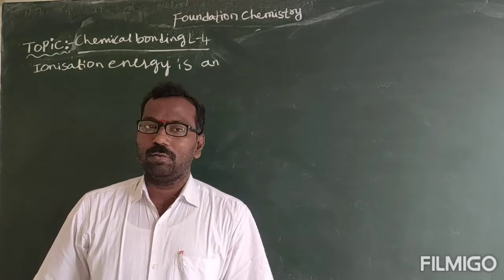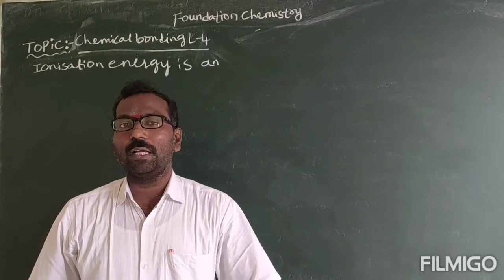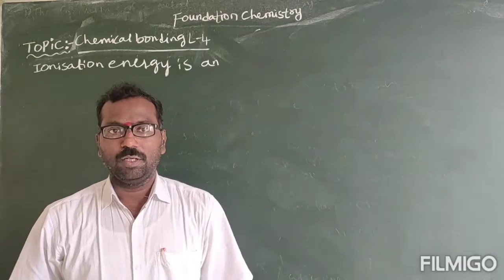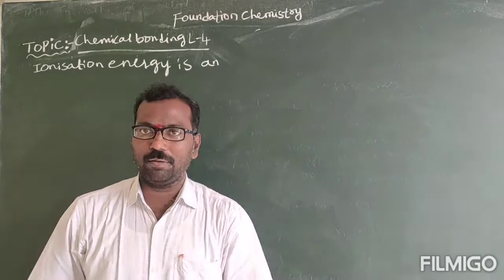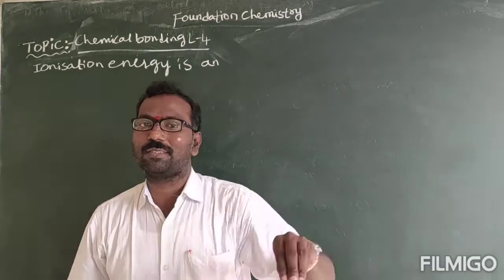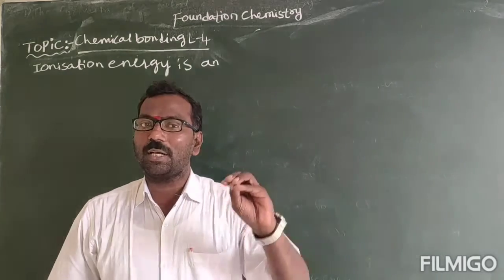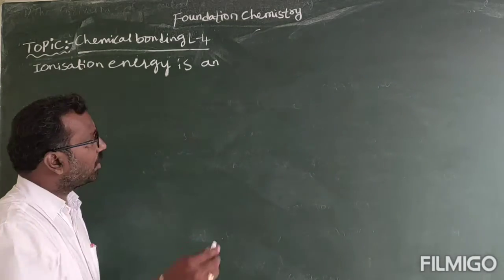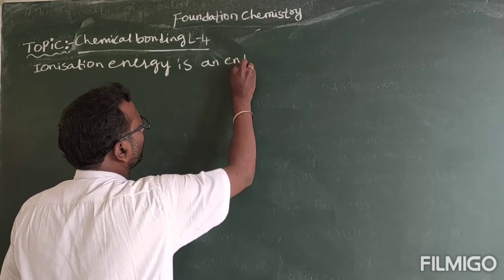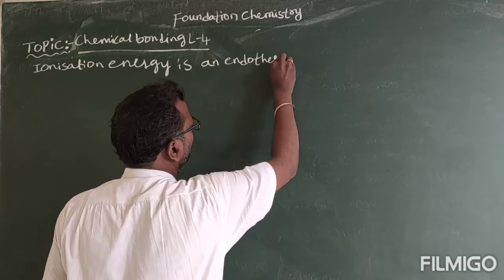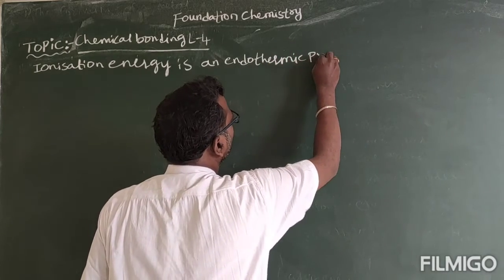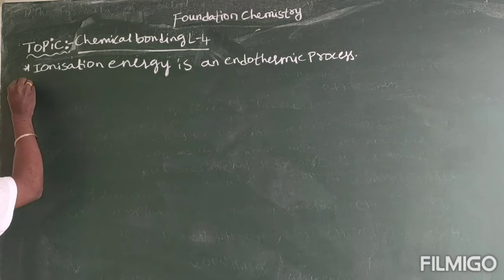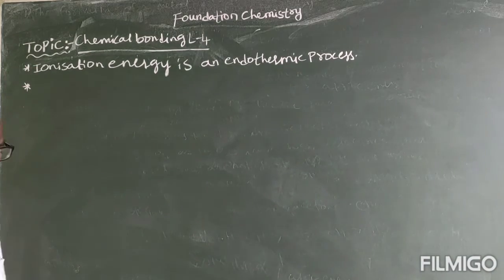The minimum amount of energy required to remove an electron from its outermost gaseous atom. Minimum energy means we are giving energy to the system, so which type of process is it? Endothermic process. Is it or not? Ionization energy is an endothermic process.